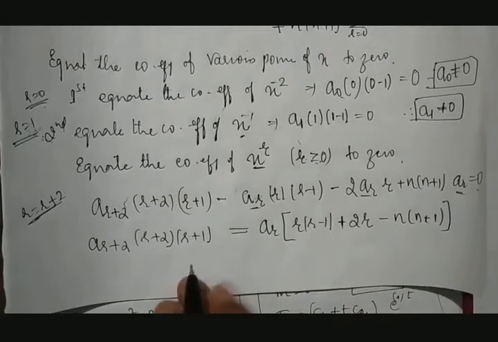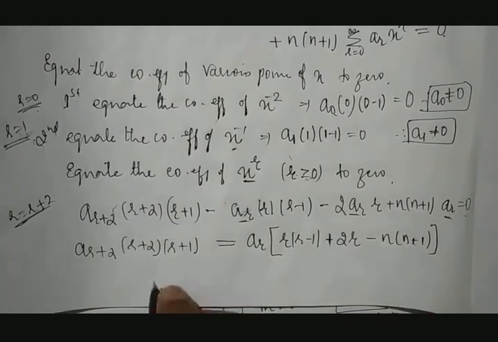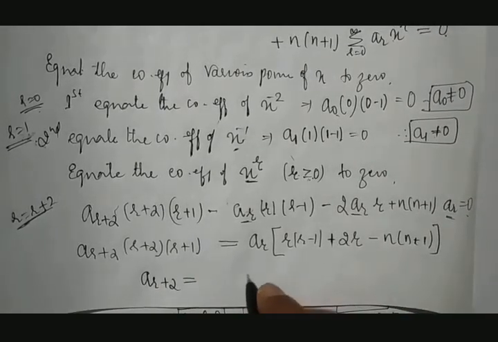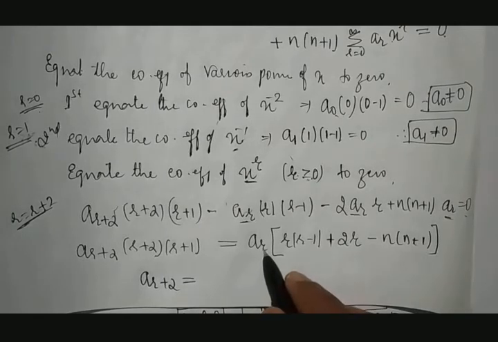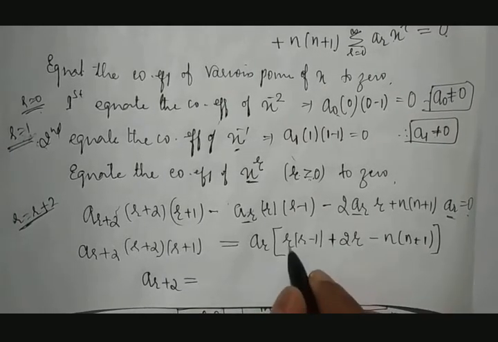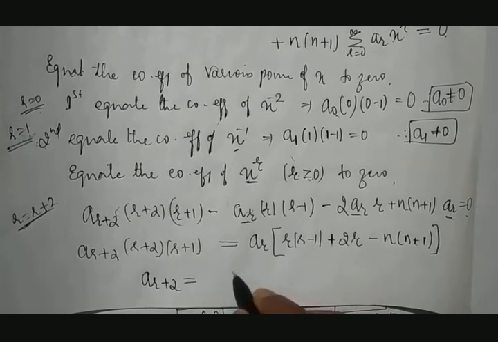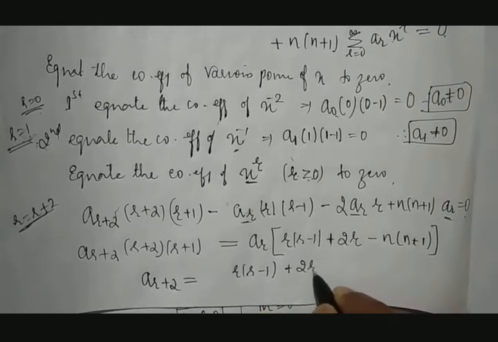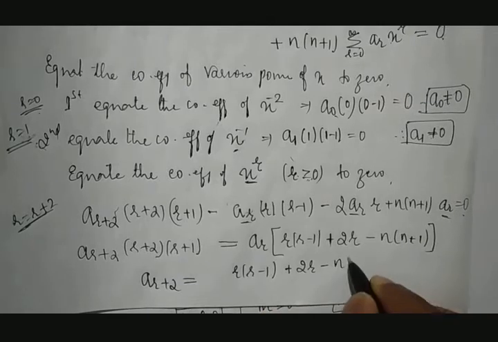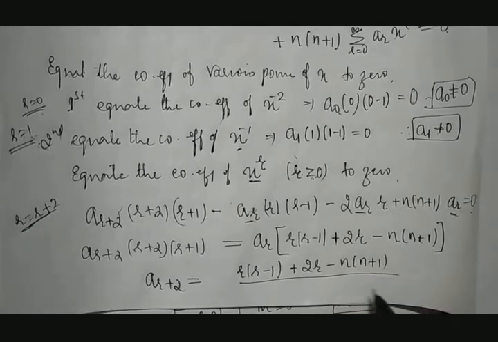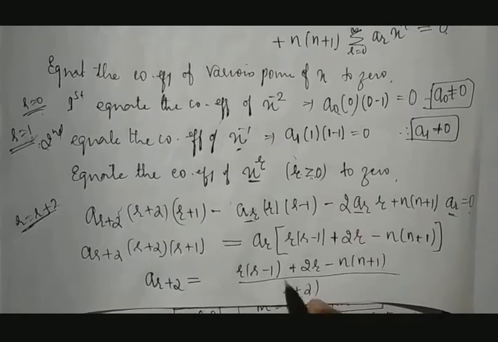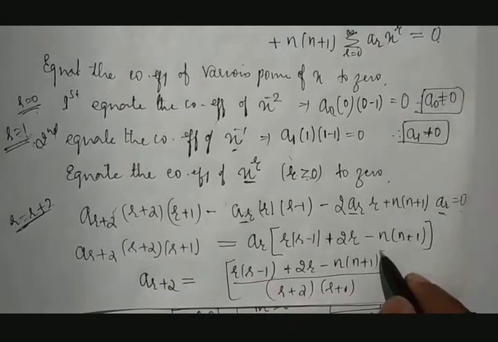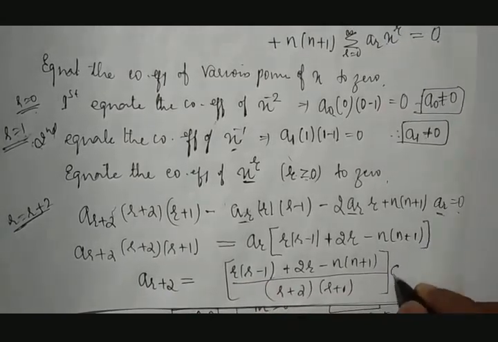Therefore, a(r+2) is equal to, this will go to the other end, then it becomes ar into r into r minus 1 plus 2r minus n into n plus 1 divided by r plus 2 into r plus 1. This into ar.